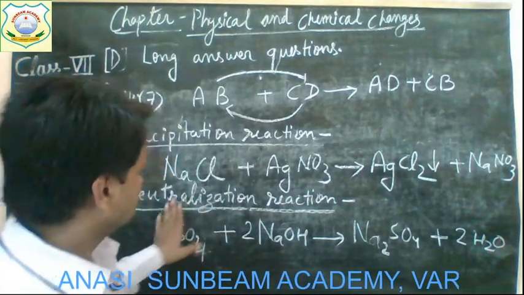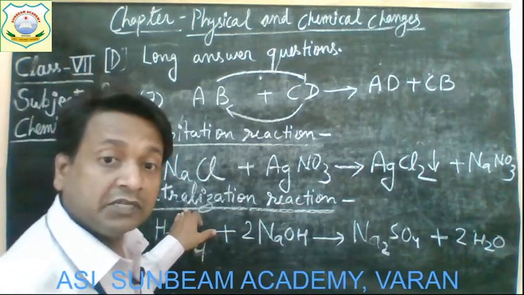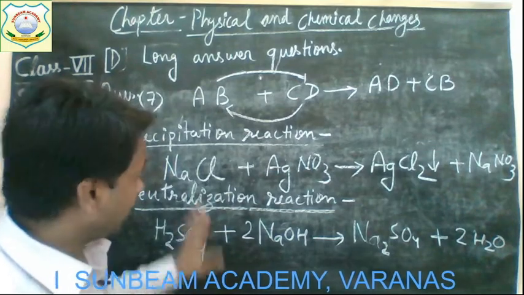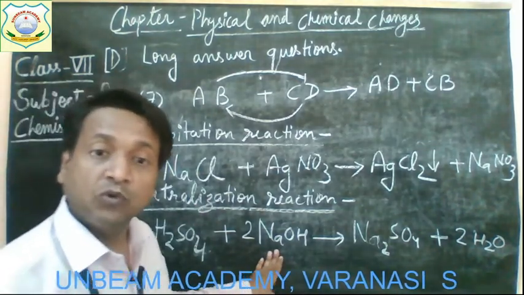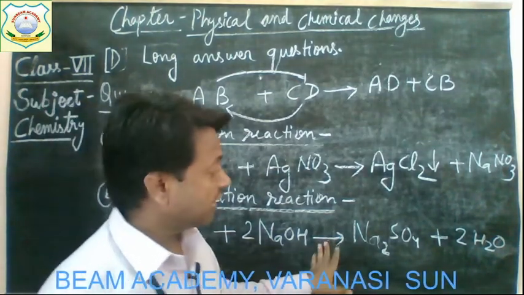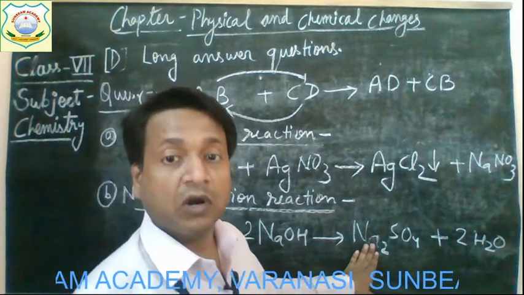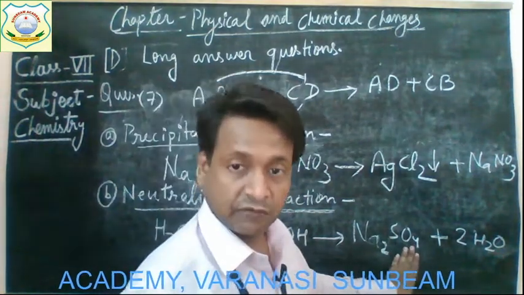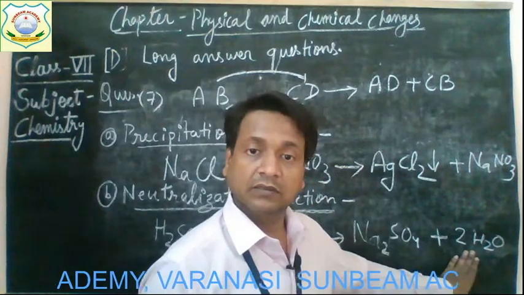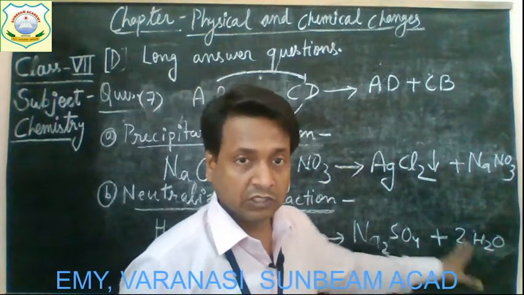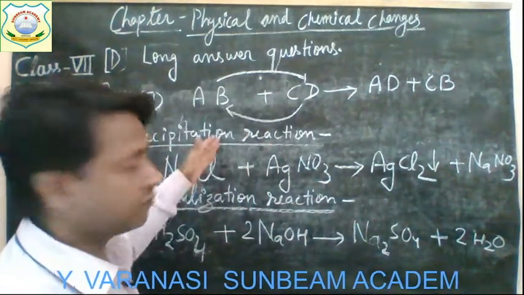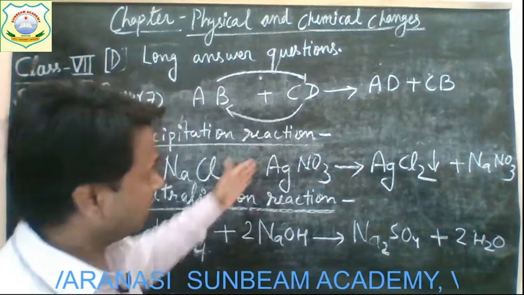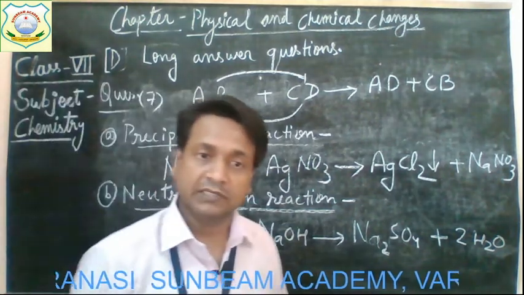So this is the neutralization reaction. In this reaction, what happens? This acid and base react together and neutralize each other's effect and form a salt, that is sodium sulfate, and water. Get it? So these are the two types of double displacement reaction along with their examples.